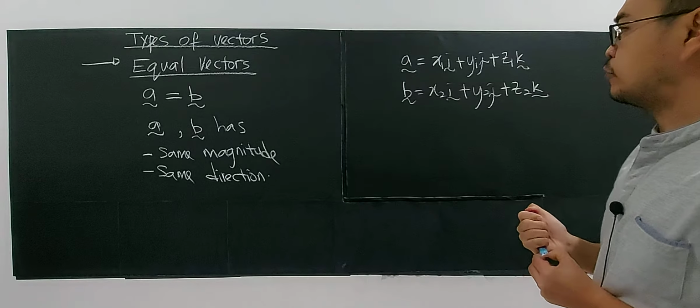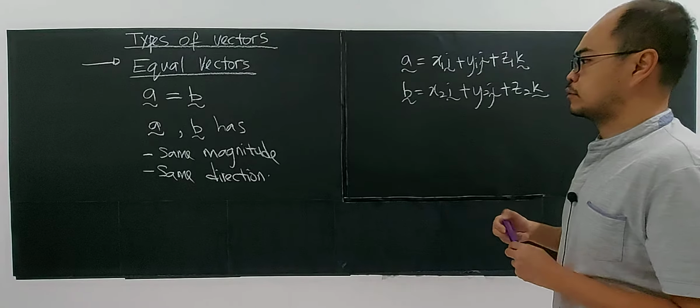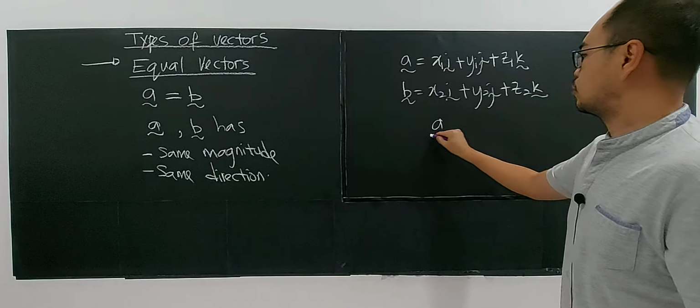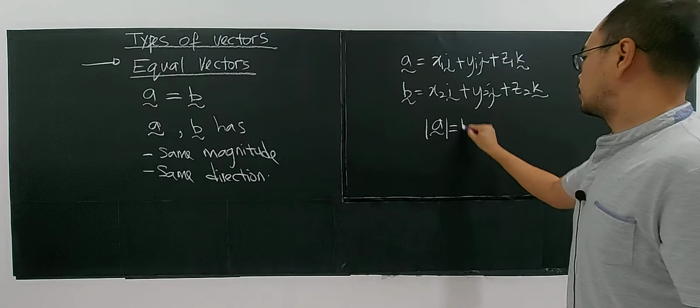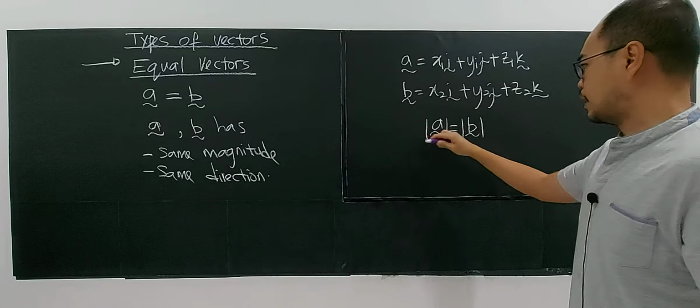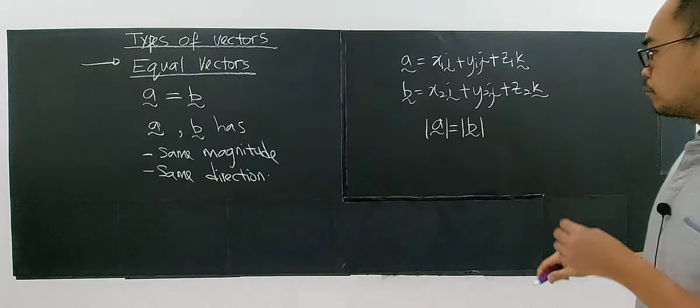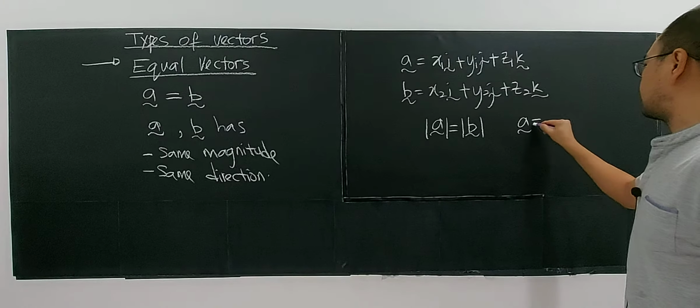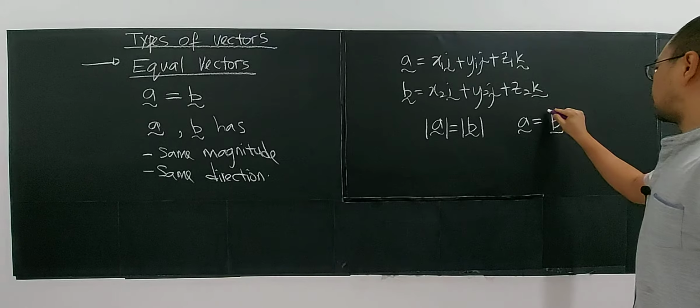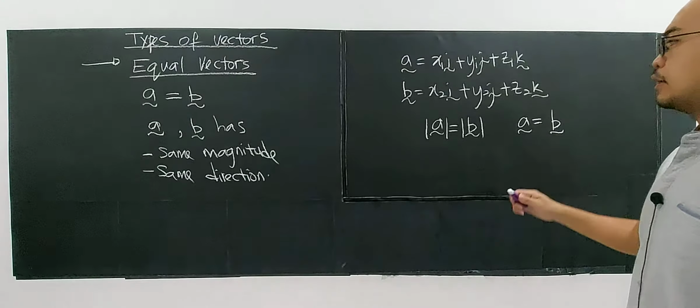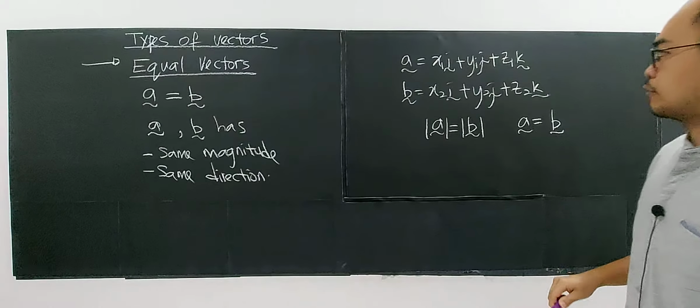It means that the first thing is the magnitude of vector A and vector B are the same, and the scalar multiple will be 1. And they have the same direction.